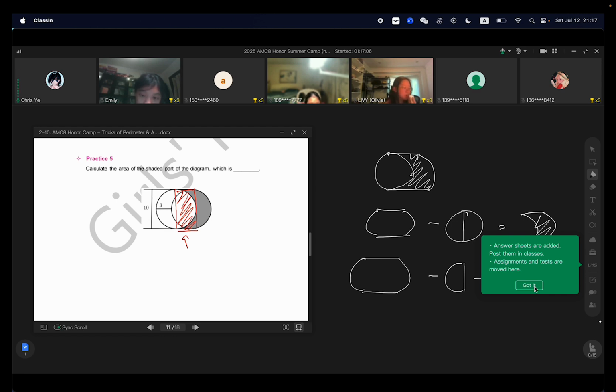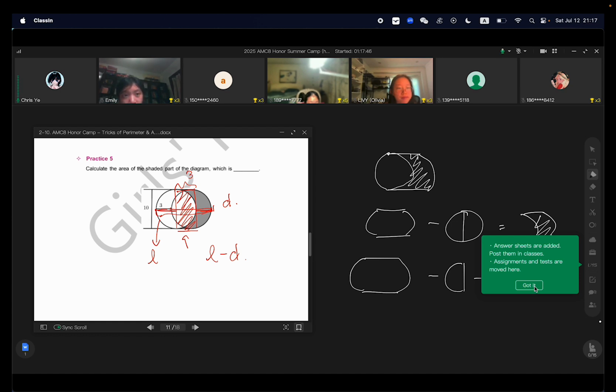Let's say that the diameter of the entire shape is line L. Then it is 3, because the diameter of the circle, let's say it's D, then 3 is going to be L minus D. Since we have two semicircles, this part plus this part is going to be the same as the diameter of one entire circle, which means that the part in the middle is going to be the same as L minus D, which is 3.